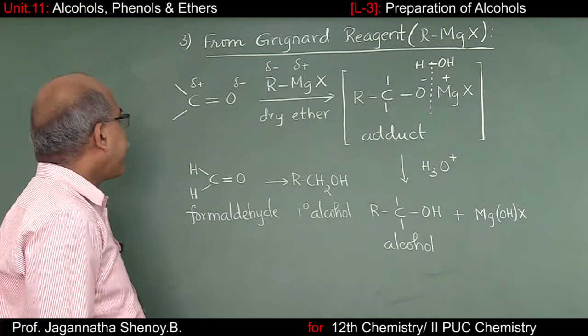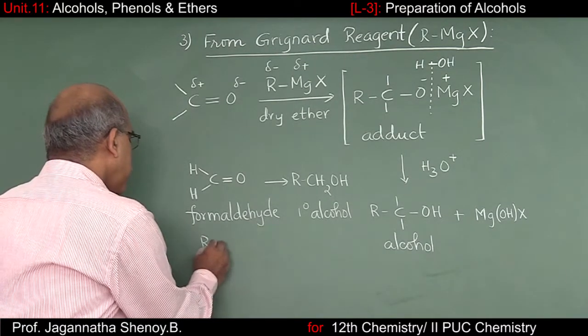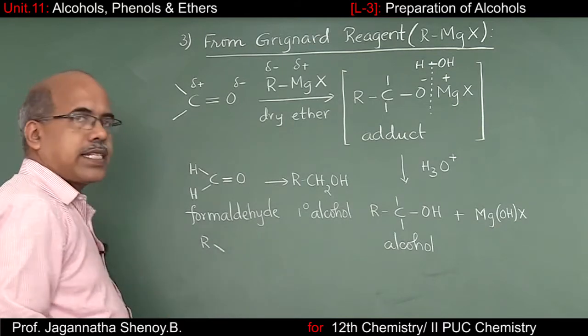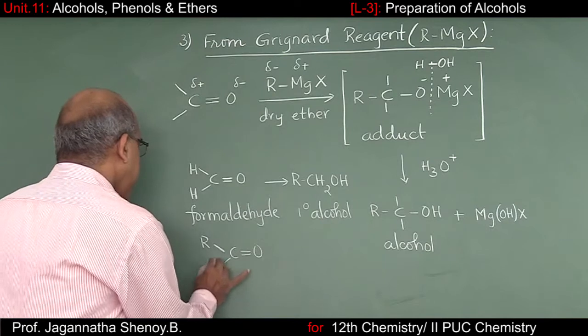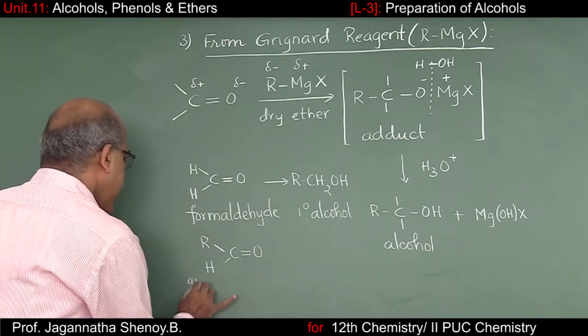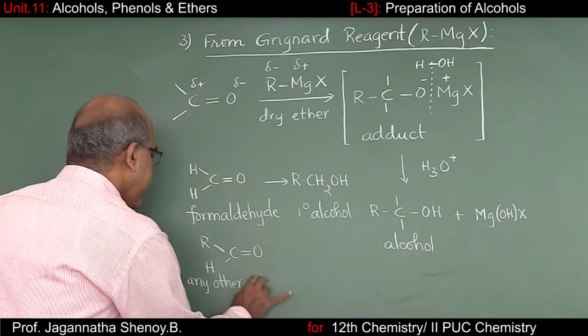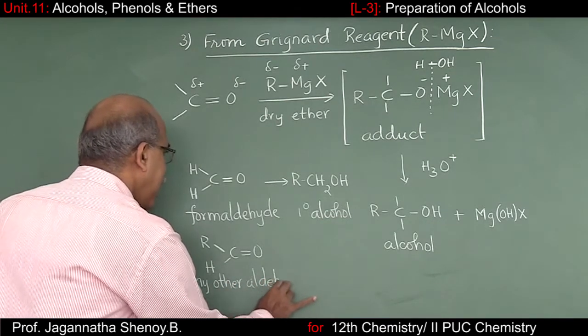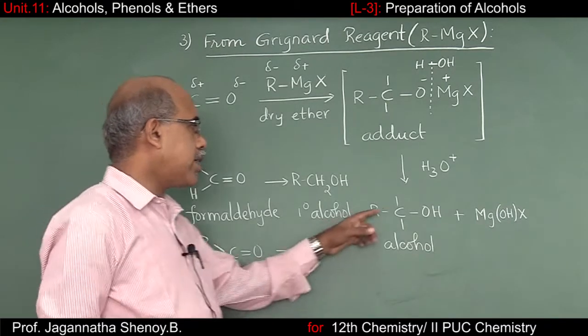Similarly, if one bond is satisfied by an R group and another bond is satisfied by hydrogen, or in other words, I am going to make use of any aldehyde other than formaldehyde. So what should happen in this structure?